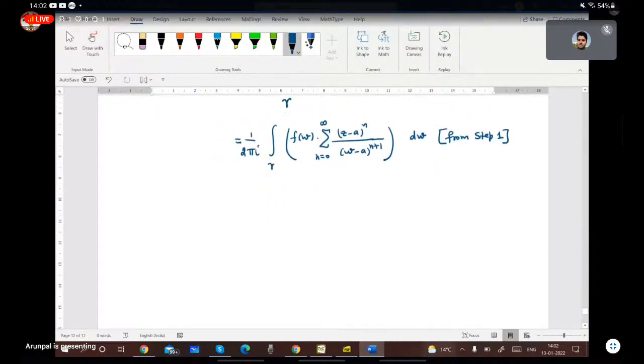Yes. Now, class, this is equal to 1 upon 2 pi i, the summation n going from 0 to infinity. Now, class, this expression does not contain n. This is independent of index n, so I can take it inside the sum.